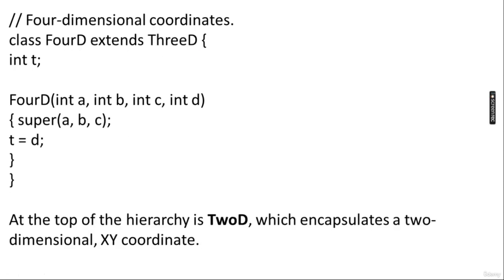Then class FourD extends ThreeD. It is a multi-level hierarchy. FourD integer a, b, c, d, super with a, b, c, and t is initialized with d. At the top of the hierarchy is TwoD, which encapsulates a two-dimensional xy coordinate. So TwoD is the basic class, x and y are compulsory coordinates. So TwoD is a base class.